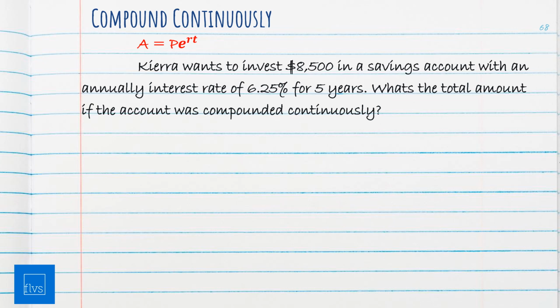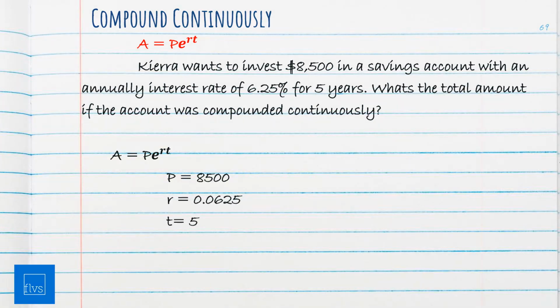So Kiera wants to invest $8,500 in a savings account with the annual interest of 6.25% for 5 years. The same problem as before. What's the total amount if the account was compounded continuously? So we're going to use this formula.